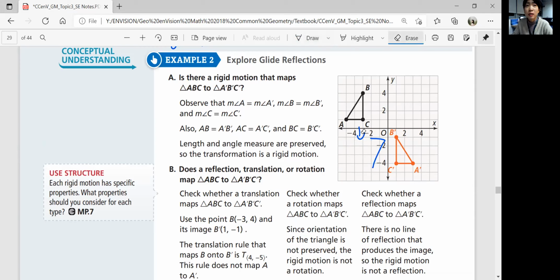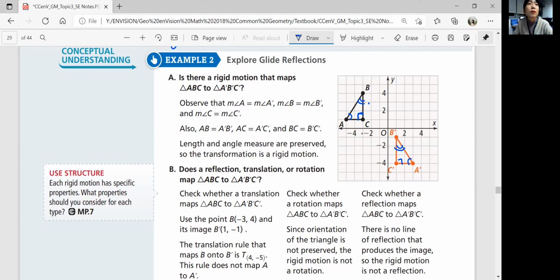What is the easiest combination? Okay. Look at the angles here. The angles are the same, right? They're the corresponding angles.